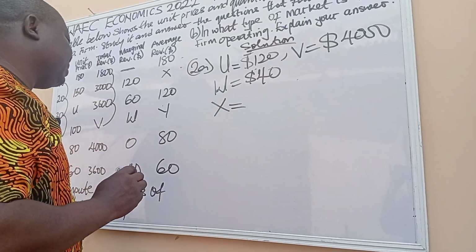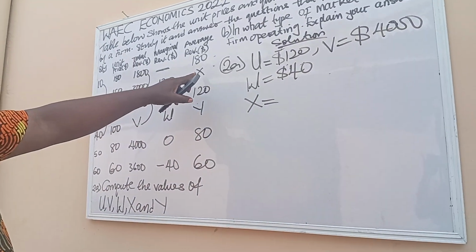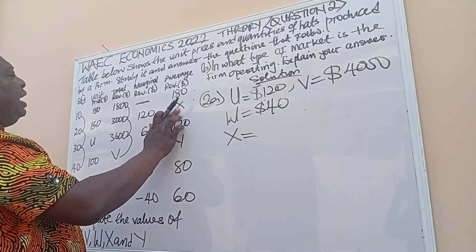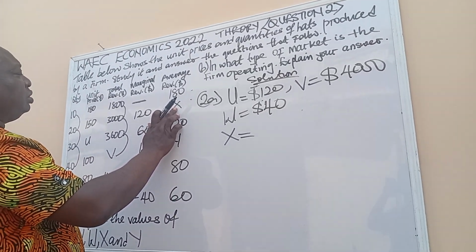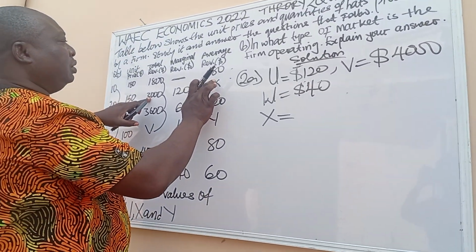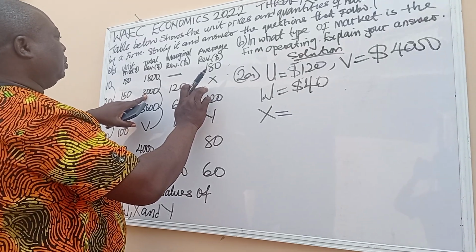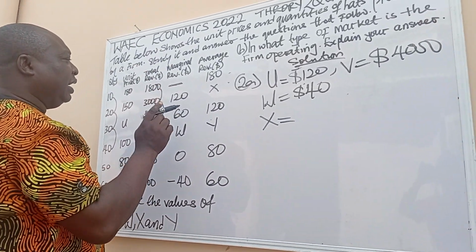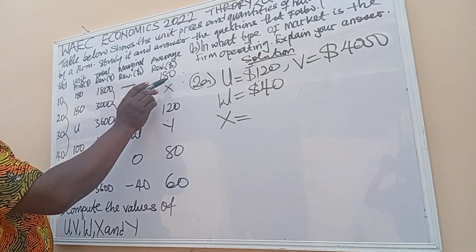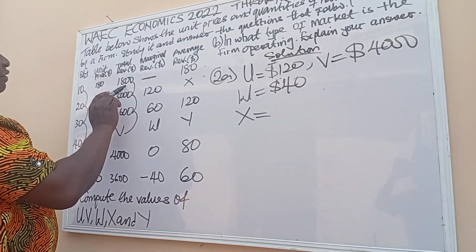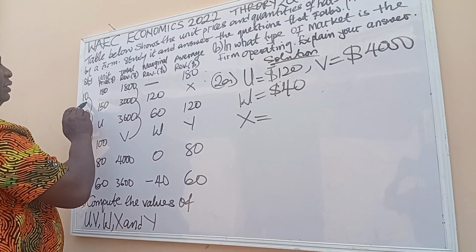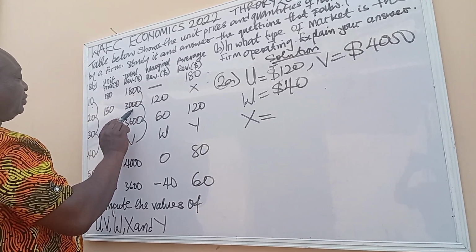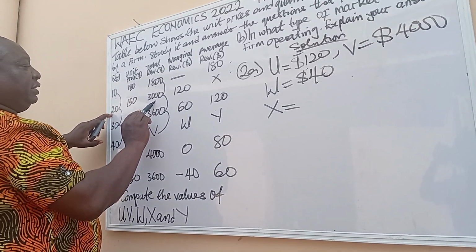How do we get this X? X is total revenue. But before I give you the formula, let's look at this 180: total revenue over 10. You see that? So for this X, it will be 3,000 over 20.